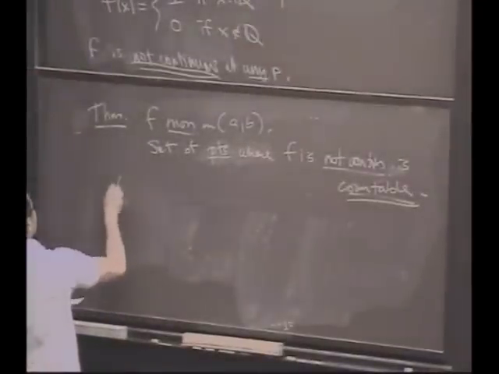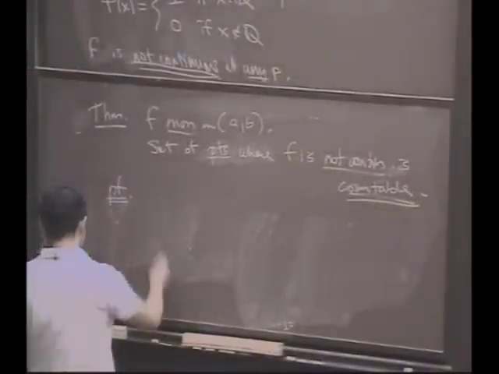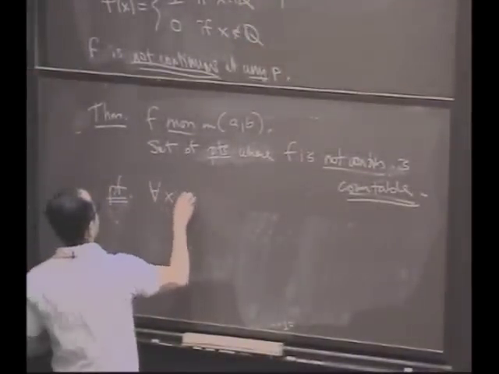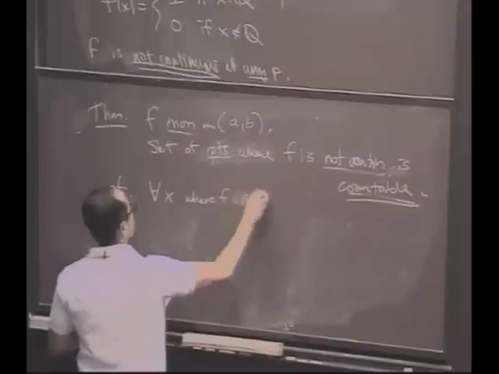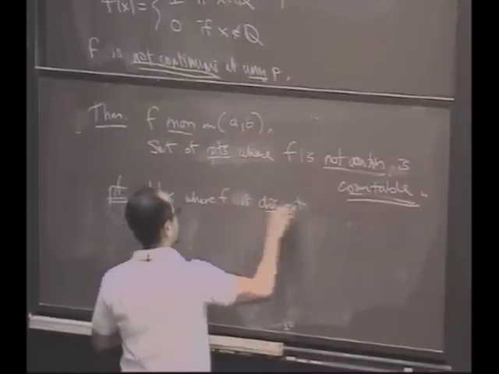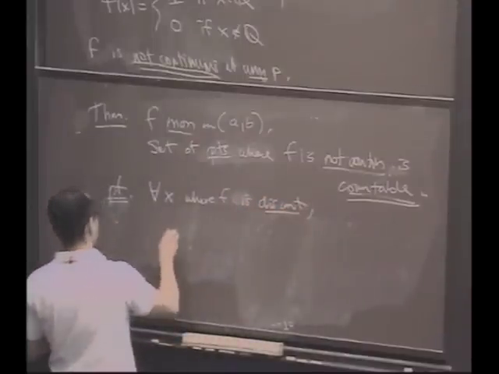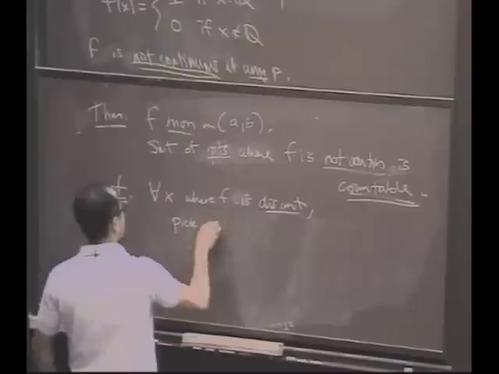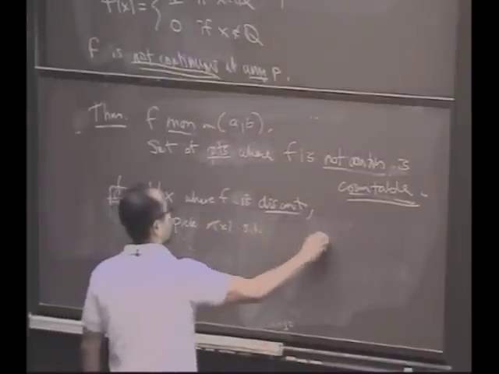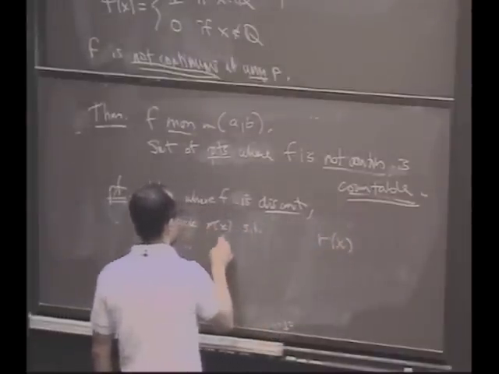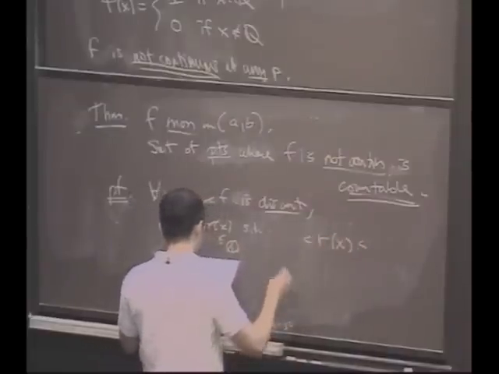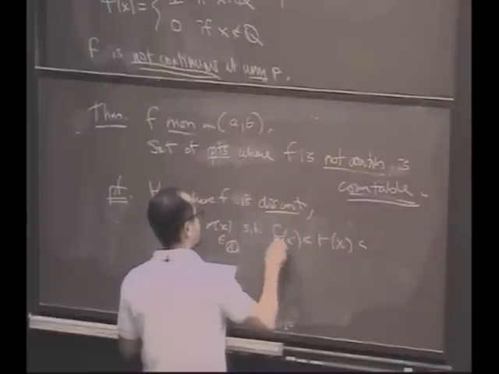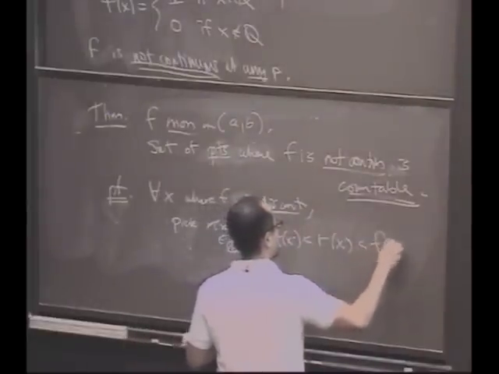So the proof idea is for all x where f is discontinuous, pick R sub x, let's pick this in the rationals, such that R sub x actually lives between f of x minus and f of x plus.